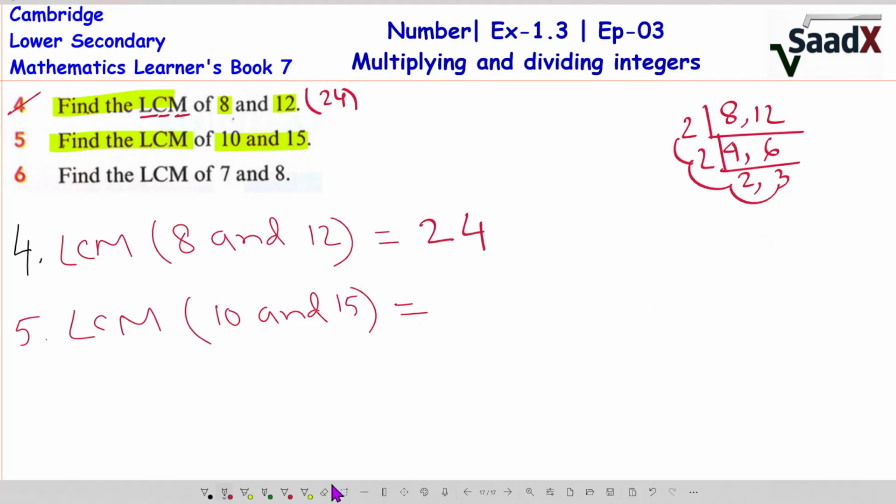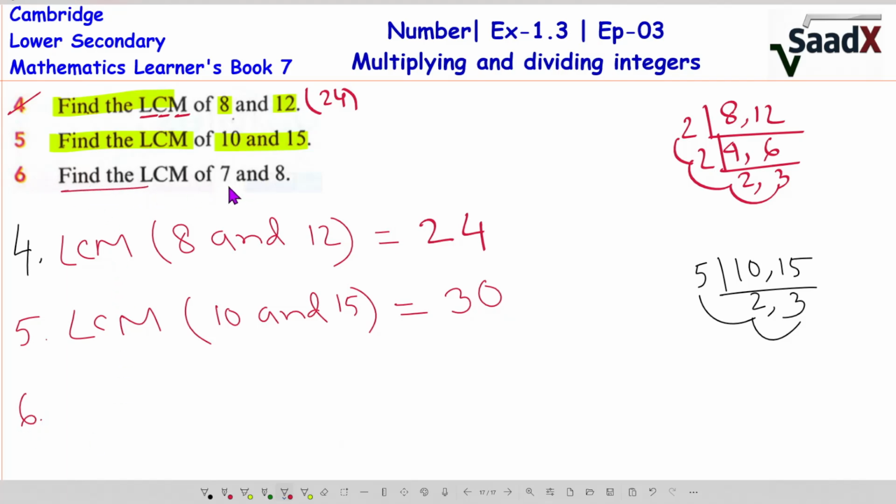So look, 10 and 15 we cannot divide by 2 because 15 is an odd number, so we can divide by 5. So here is 2, here is 3. Now once we multiply, 5 times 2 is 10, 10 times 3 is 30. So 10 and 15 LCM is what? It is 30.